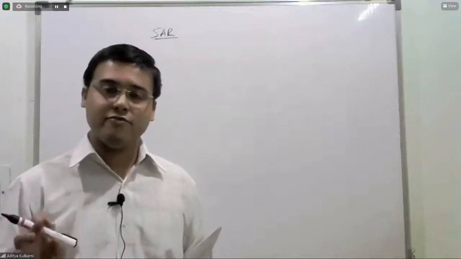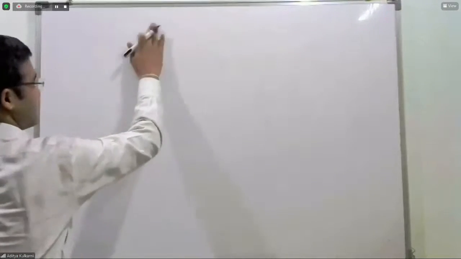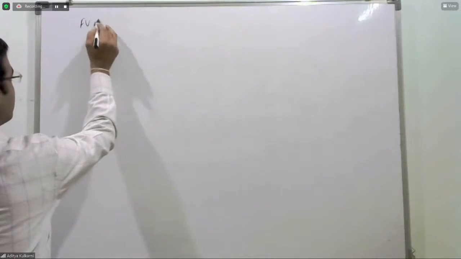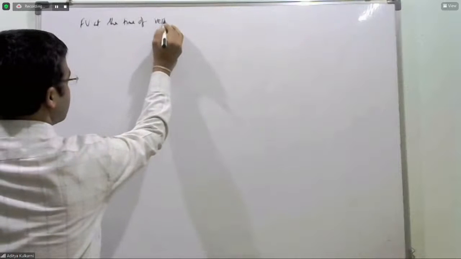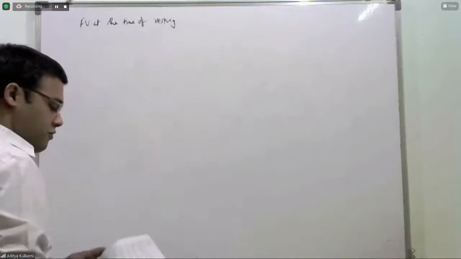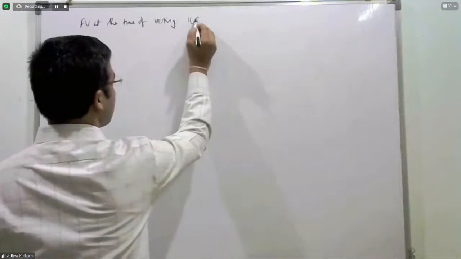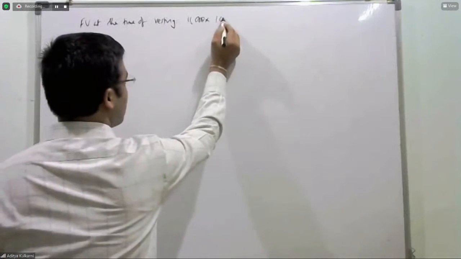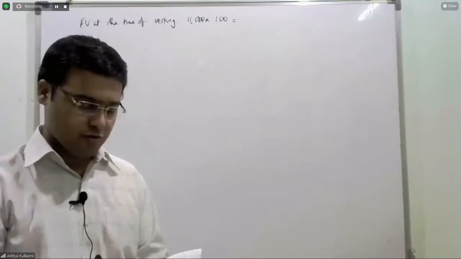Now, the SARs have already vested. So fair value at the time of vesting. What will that be? That is 11,000 into 100, right? Fair value is rupees 100. Yes or no?